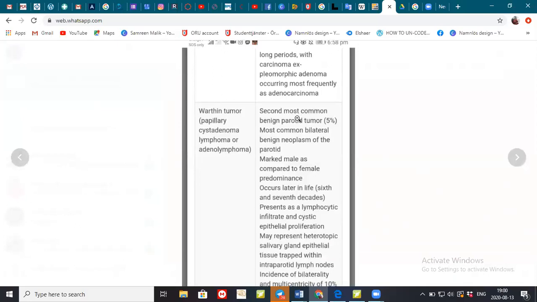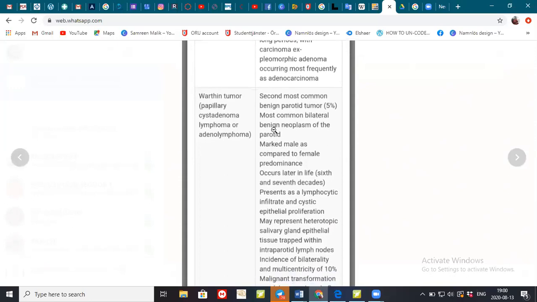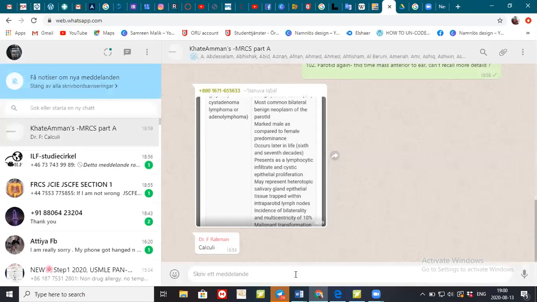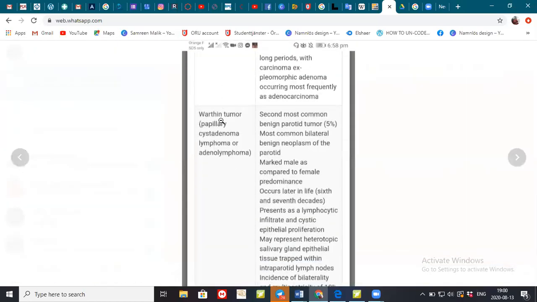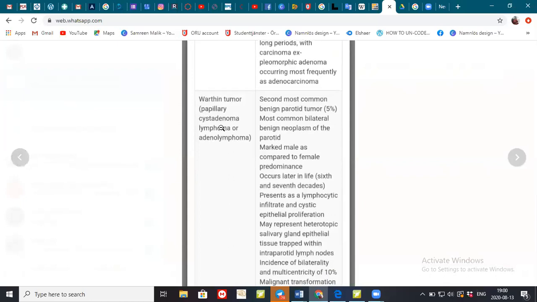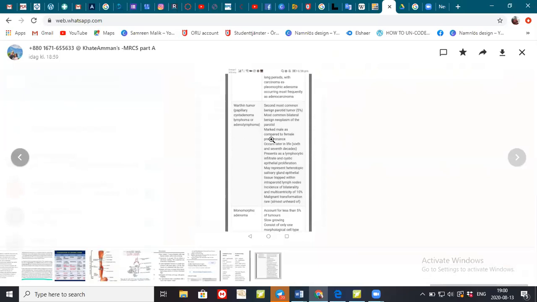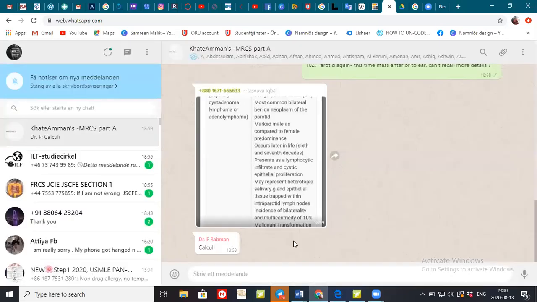Okay, I will always remember that Dr. Zulkarnain is correct, it's bilateral. Which one is bilateral? Warthin tumor, like he said. It is bilateral, and it is in males, smokers. Sarcoidosis and Sjogren's are in females.